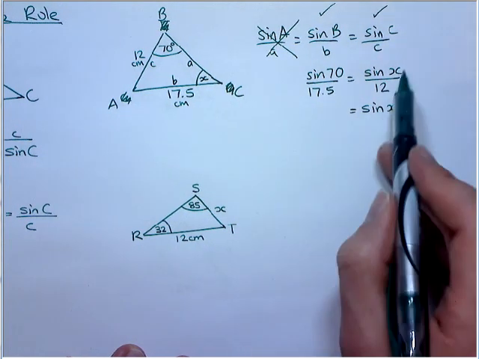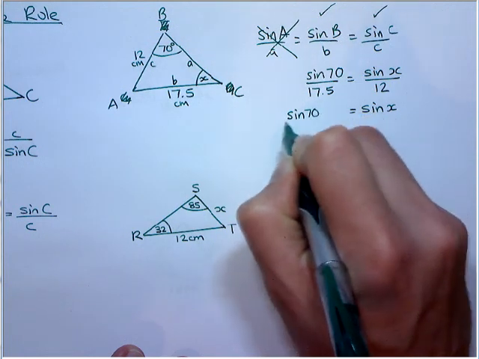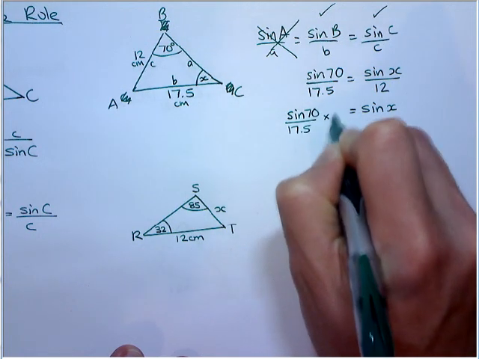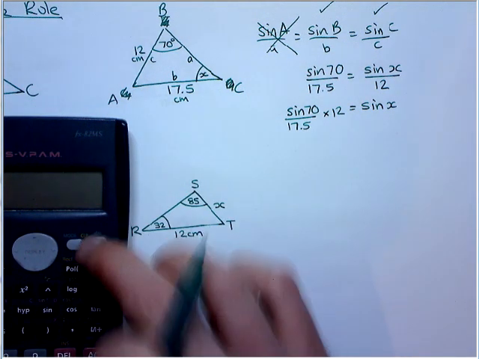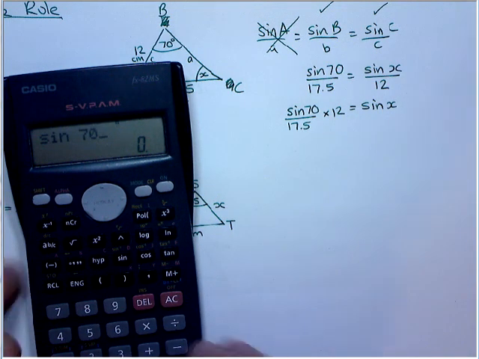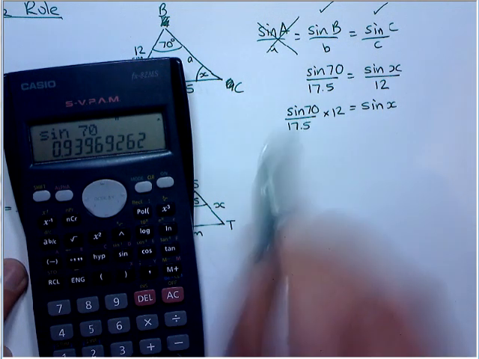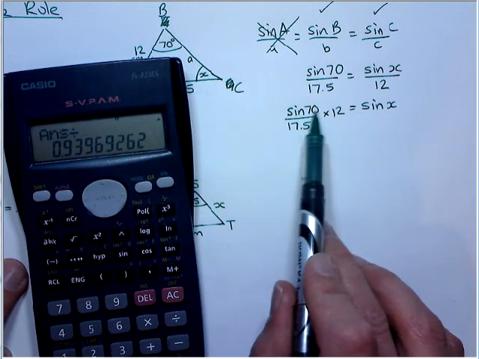Now we can get sine of X on its own by multiplying by 12, a little bit like before: when X is on the top, times is what you do. So sine 70 over 17.5 times 12. Now, personally I don't trust my calculator. What I'm going to do is type in sine 70 and hit equals. Then when I hit divide, you can see here it says Ans, my previous answer, so it's remembering that.